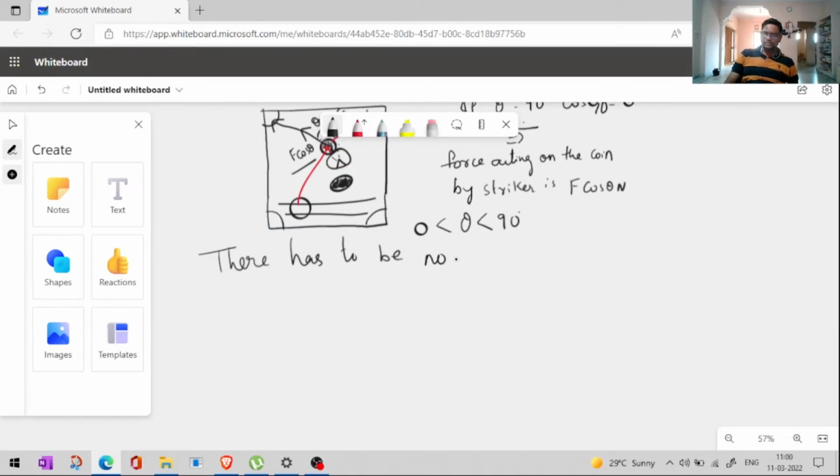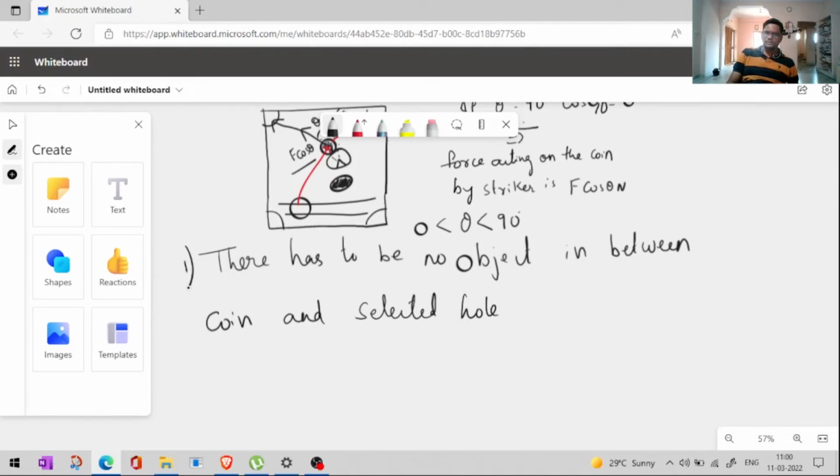There has to be no object in between the coin and the selected hole. This is the first condition which has to be met.